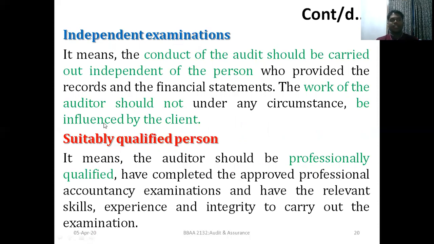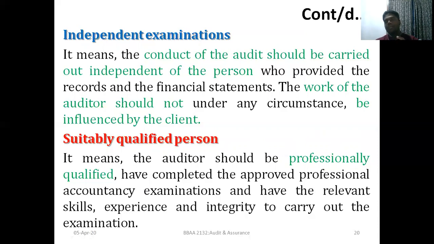Now, when we say independent examination, this key term means the conduct of the audit should be carried out independent of the person who provided the records and financial statements. You know that when the auditor does the audit process, the company employees definitely support the auditor.